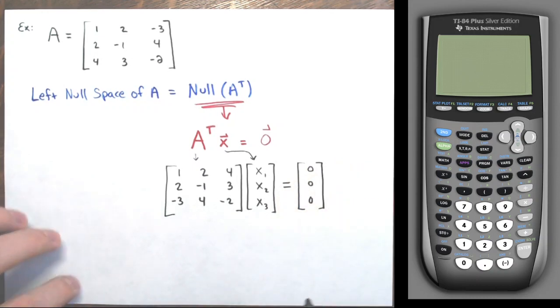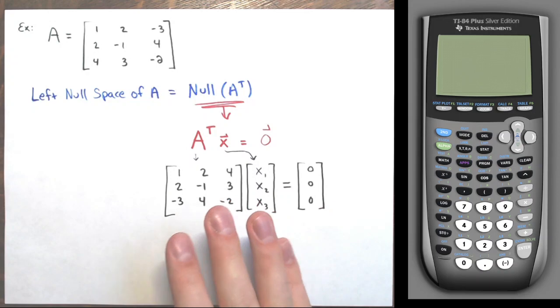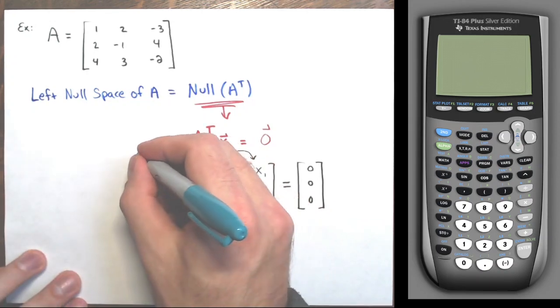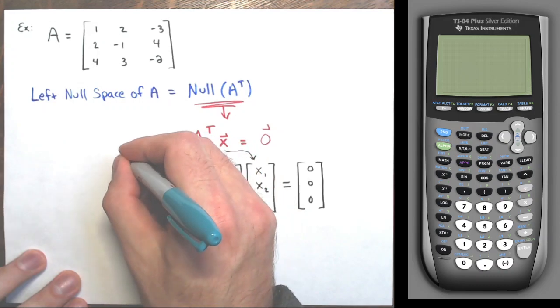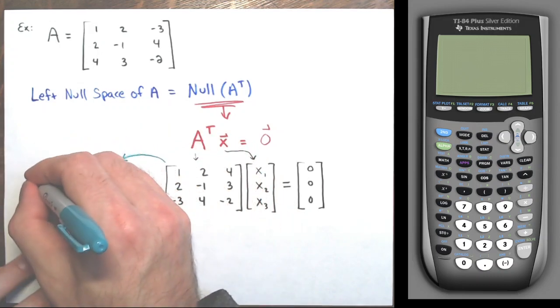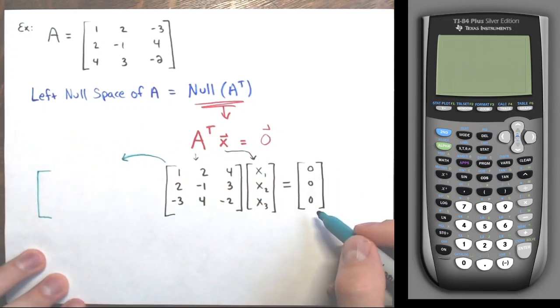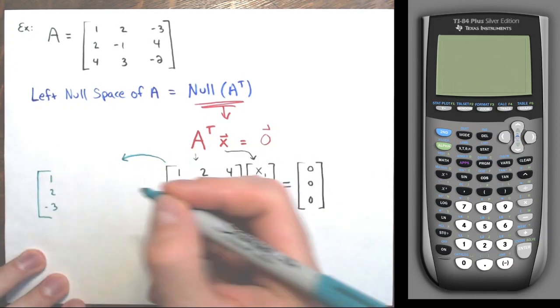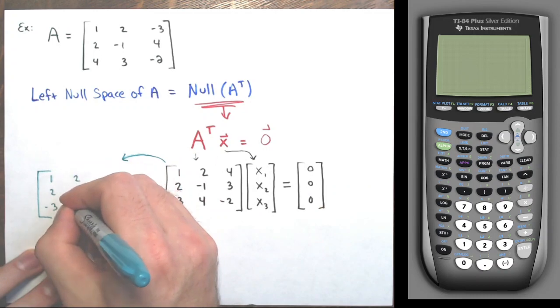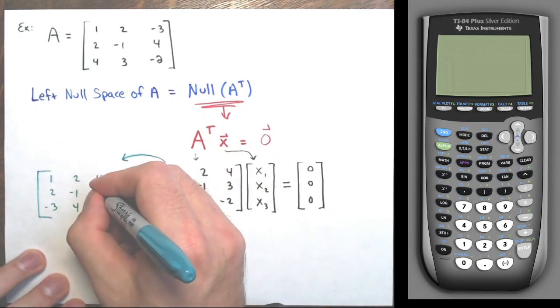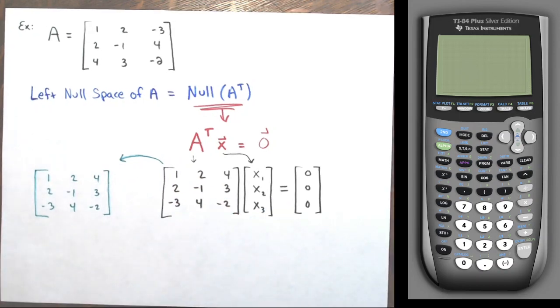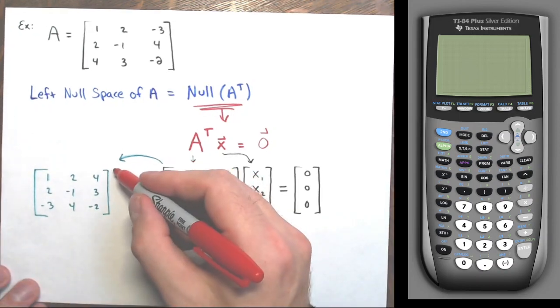Alright, and then this equation here has a corresponding system of equations you could write, and then this corresponding system will have an augmented matrix. Now I'm not going to put the zeros this time, right? I'm just going to put A transpose: 1, 2, negative 3, 2, negative 1, 4, 4, 3, negative 2, and just imagine there are zeros over here.